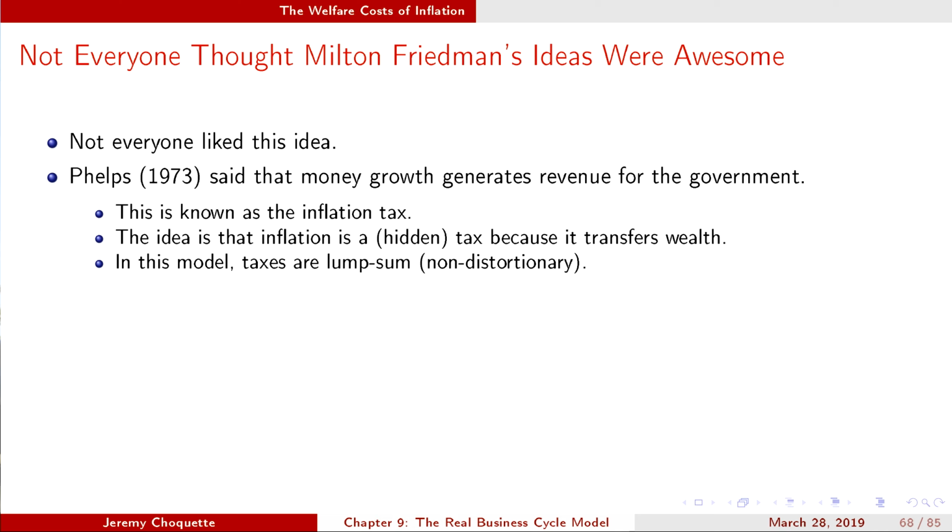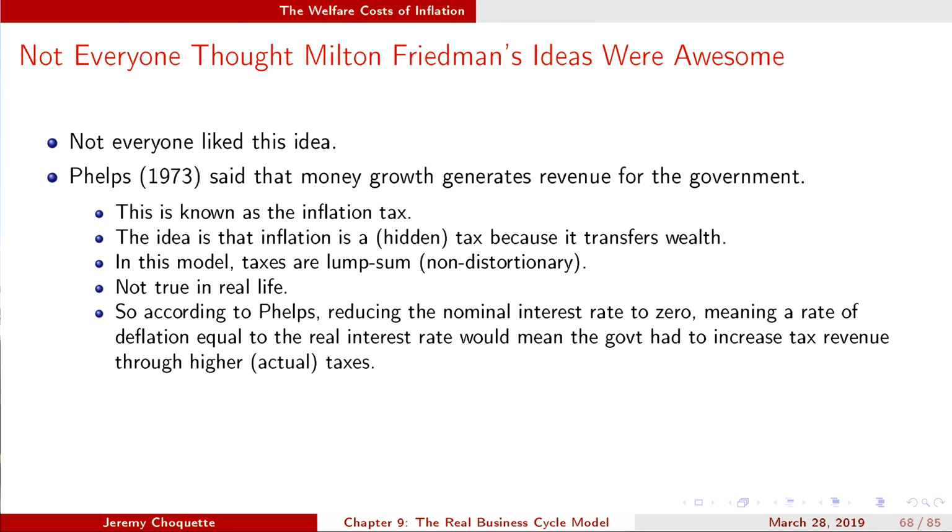Both a marginal tax rate system and a flat tax are distortionary because they distort the agent's consumption savings decision. Now, this model doesn't take that into account. It assumes that taxes are just lump sum. Again, another assumption of this model that may not actually be correct. It's not true in real life at all.